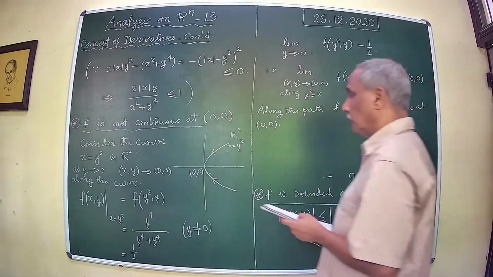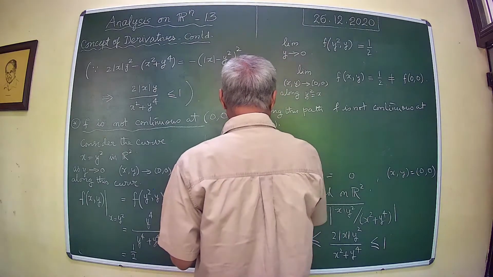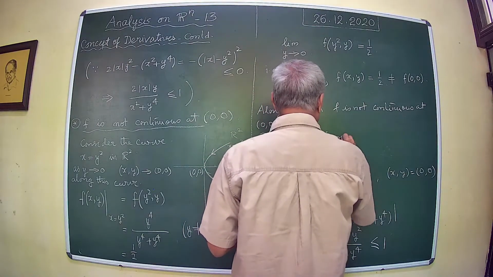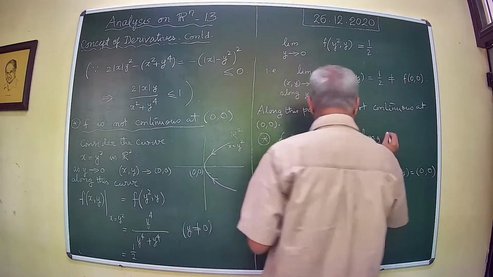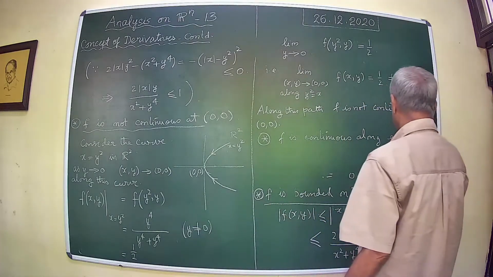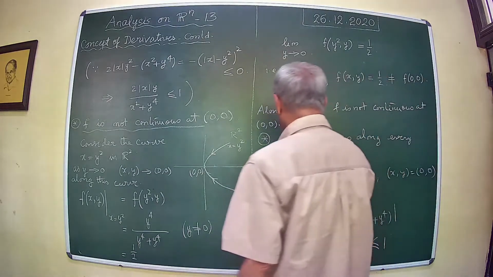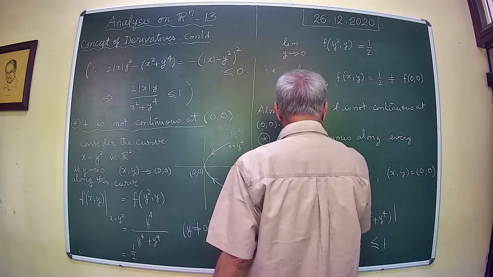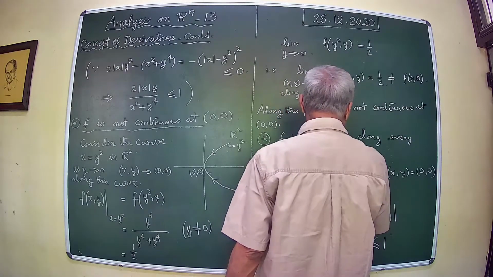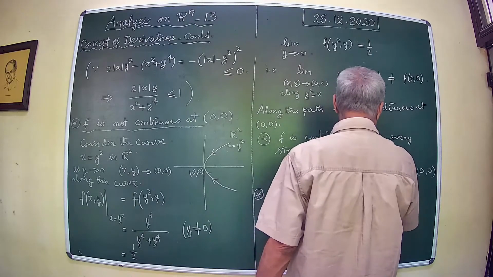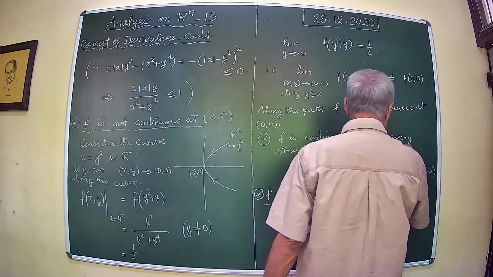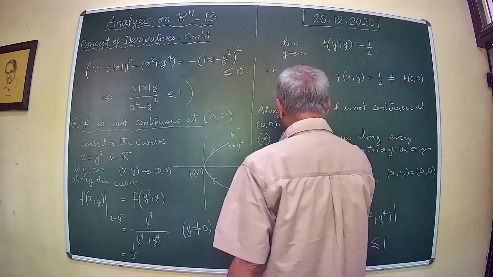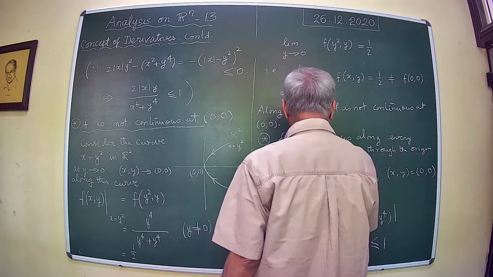Now, we also prove that f is continuous along every straight line passing through the origin. That is, along all radial lines.